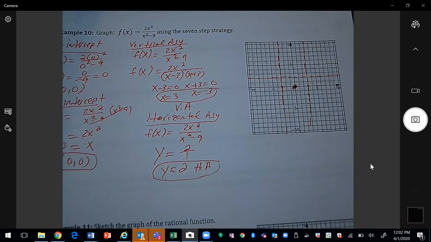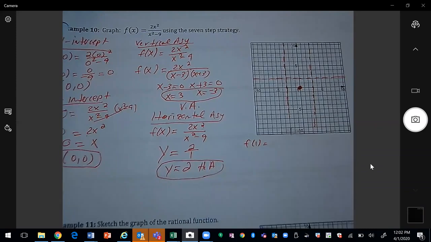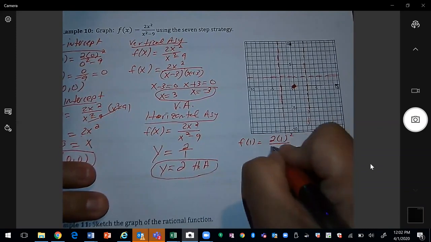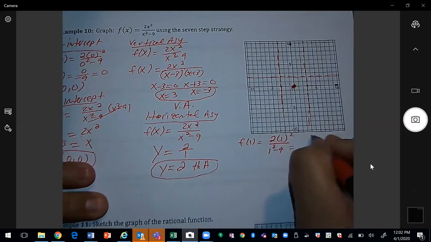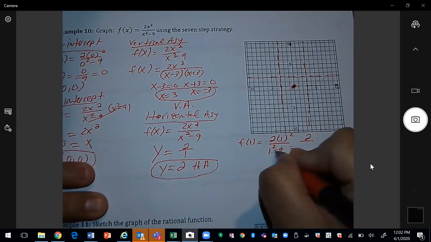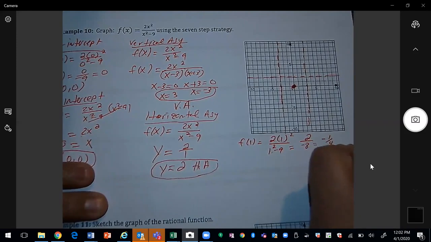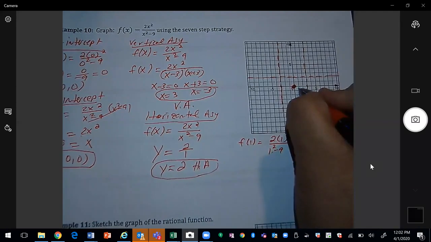So what we want to do is figure out some more points. For example, let's try f of 1. If I enter 1 here, then 1 times 2 is 2, and 1 minus 9 is -8. So we get -1/4. So for 1, we get -1/4, which is going to be somewhere here.